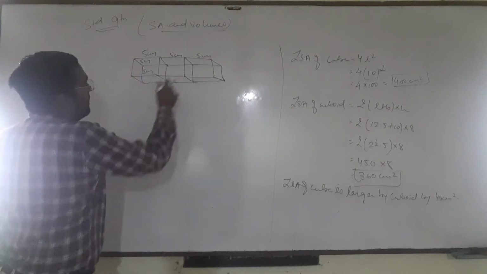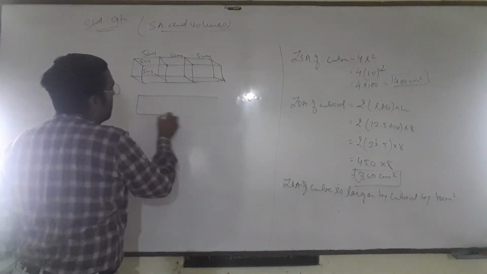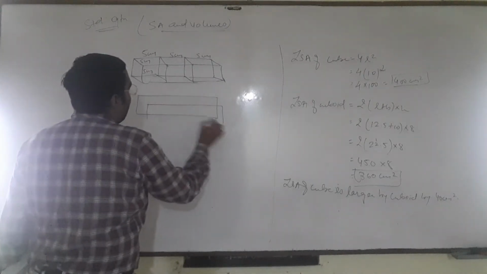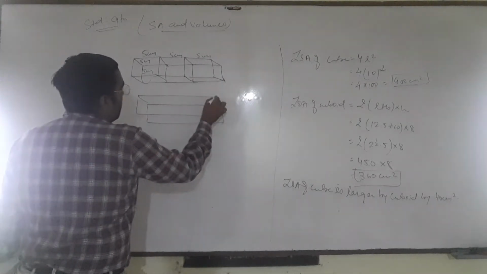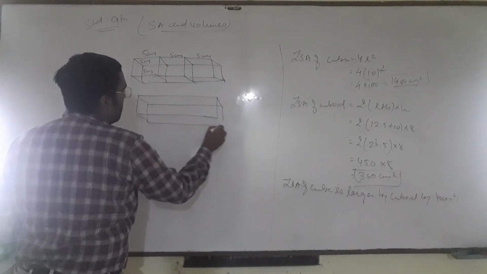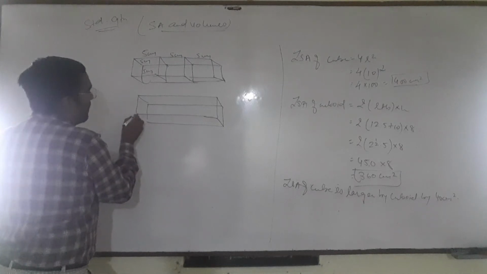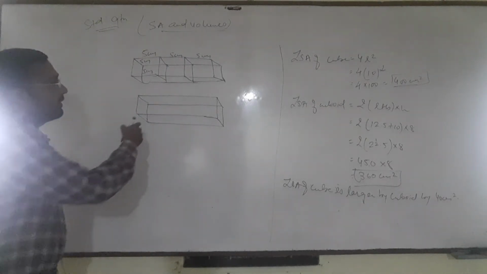Now you see that there is a cuboid formed by these 3 cubes, like this one.